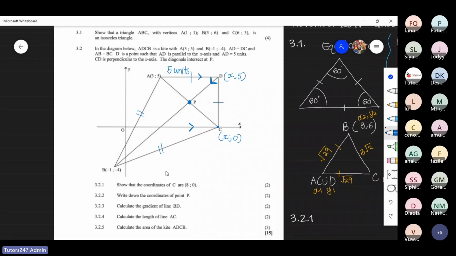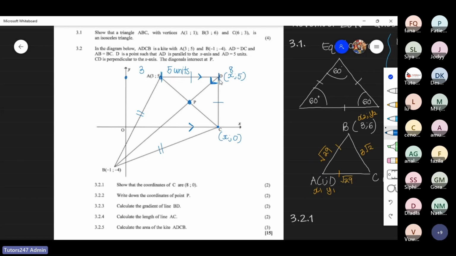If this is a perfectly horizontal line, it means that from here to here is going to be 3 units. Then from A to D, we were told that is 5 units. That means that the x value of D is going to be 8.